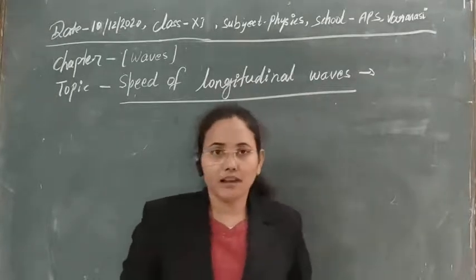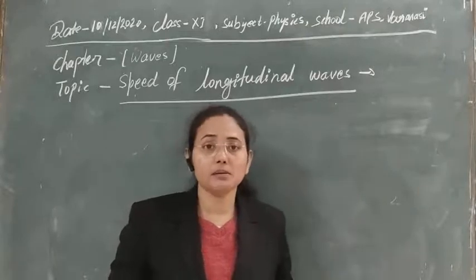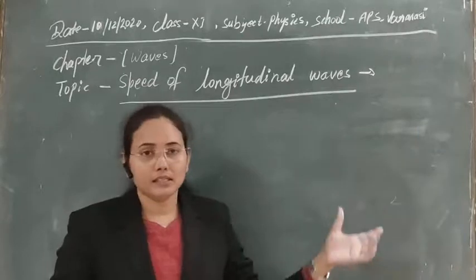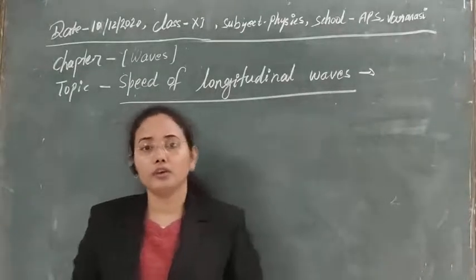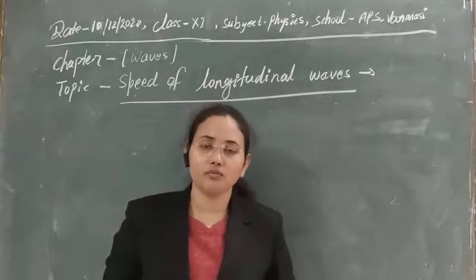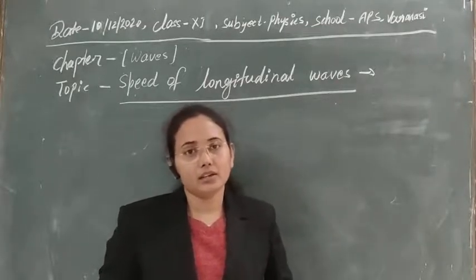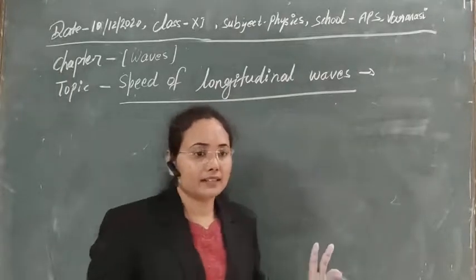These two factors are responsible for the production of longitudinal waves in the system. Means the velocity of the longitudinal wave depends on the bulk modulus of the material, and second, the density of the material of the medium. Clear?